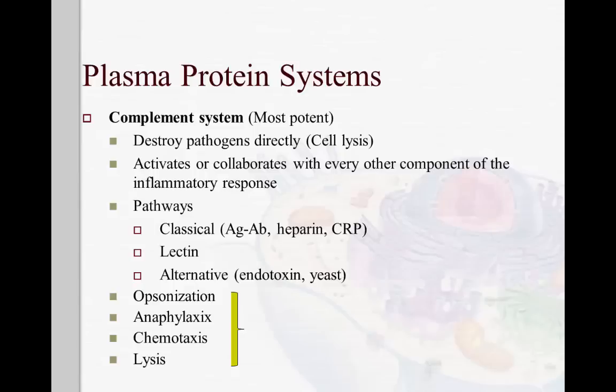In addition, we have chemotaxis of leukocytes, mediated by attraction of leukocytes to the area of inflammation. We also have opsonization, which, remember, is no more than the tagging, labeling of the microorganism for destruction.